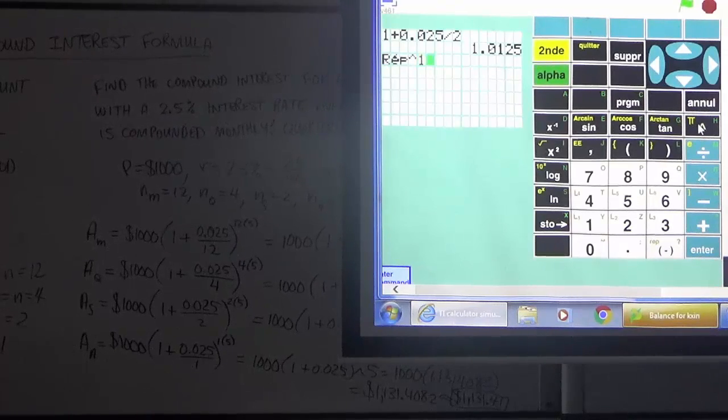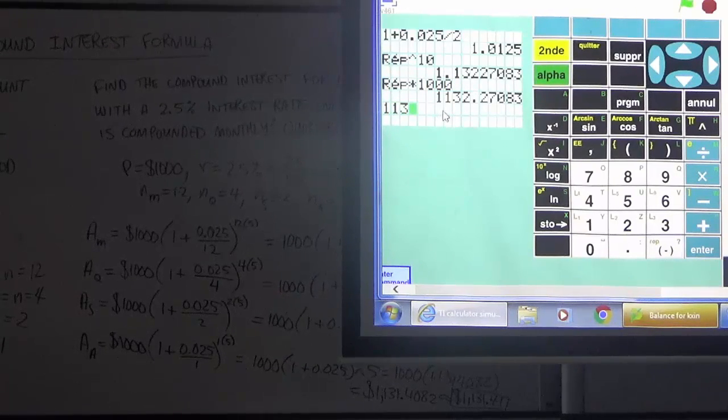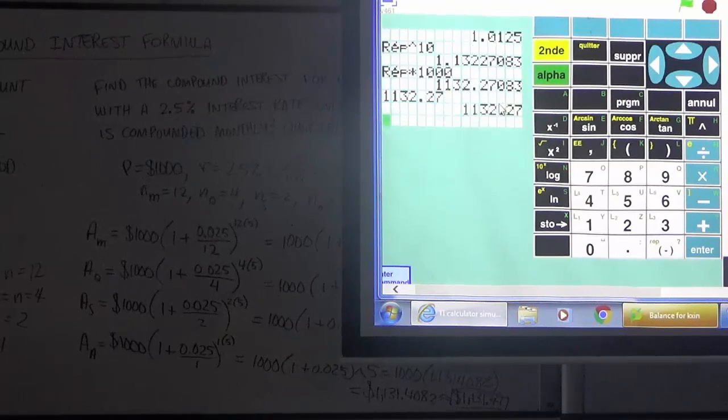And we get this. This is the rate that's applied to the initial investment over the 10 compounds that happen in 5 years because it happens semi-annually. In 5 years, if we compound twice a year, there are 10 compounds in total. We multiply that by 1,000 and we get $1,132.27 when we round it to the nearest cent, because we can't do anything to the 7 if we have a 0 next to it. It has to be 5 or greater to round it up. So that would be our total compound interest for 5 years with semi-annual compounds.